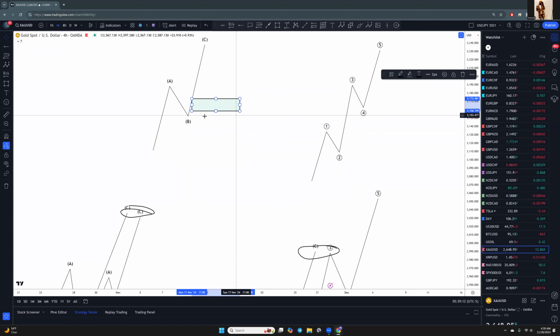You never target the end of the waves. You always want to look before the end of the wave, look for something significant before the end of the wave, somewhere around in this area: fair value gaps, imbalances, maybe a gap in the market, order blocks, equal lows, liquidity. Look for something in this area, but do not target the end of this wave.